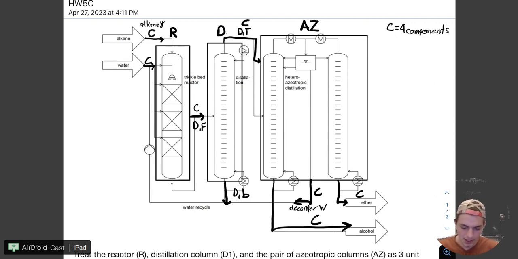So let's see how many times did I write down C? 1, 2, 3, 4, 5, 6, 7, so I have 7 C's here, and I missed one, I didn't put a C down here with this guy, so that should be 8.